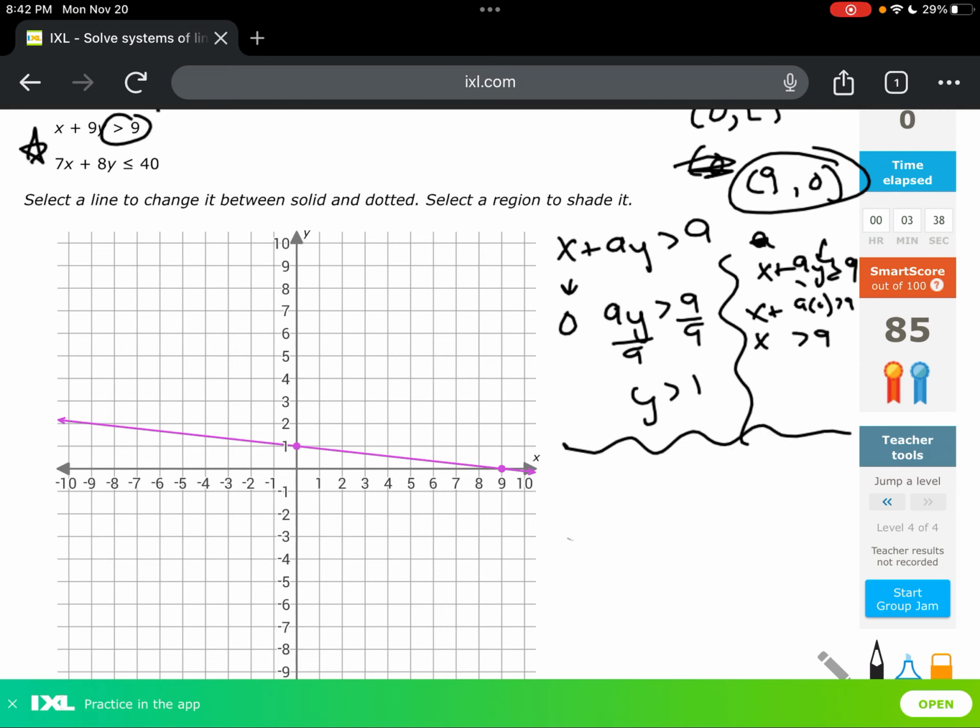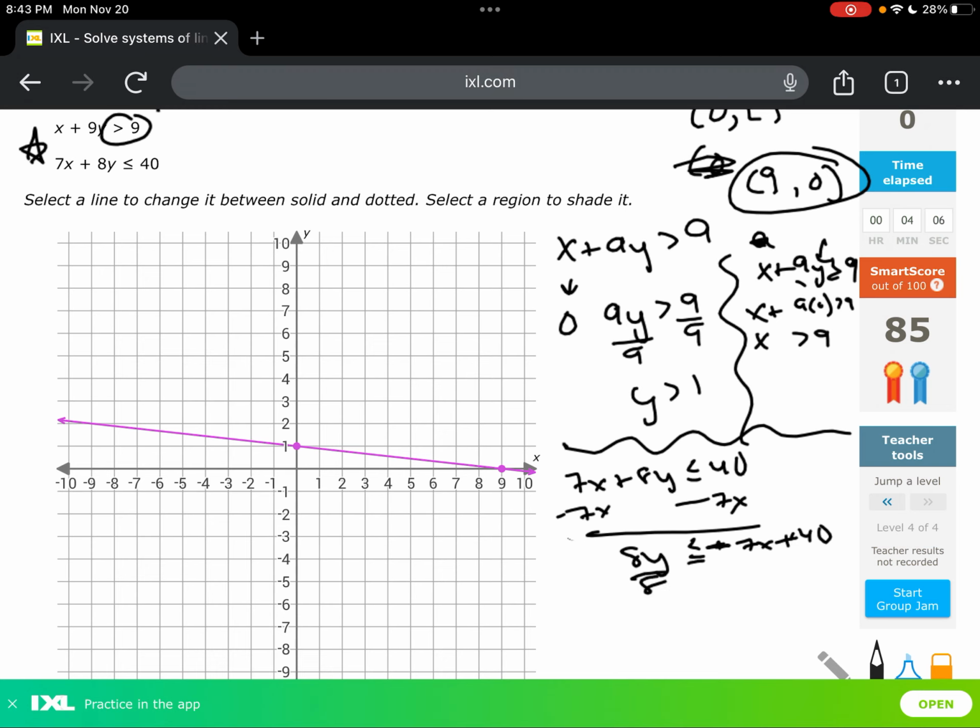Instead of substituting zeros for the letters, I can solve for x or solve for y. So I would subtract x from both sides. And I have 8y is less than or equal to negative 7x plus 40.